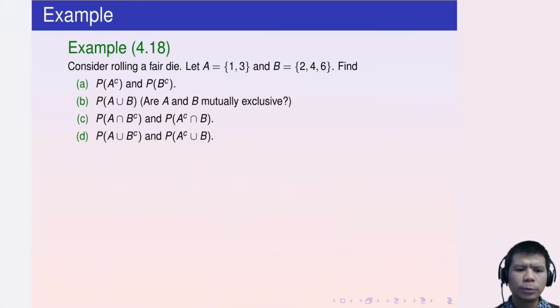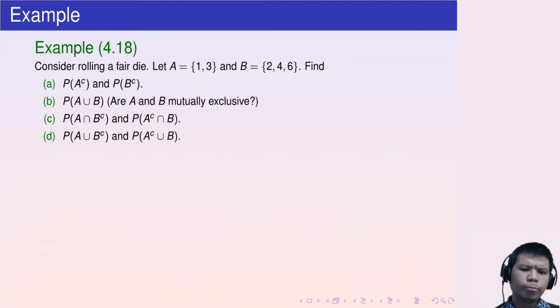Now let's just continue with another example here. We roll a fair die. A is {1, 3}, B is {2, 4, 6}. Then we want to find these probabilities. For instance, what is the probability of A complement?